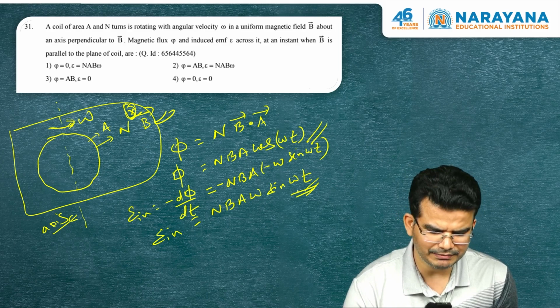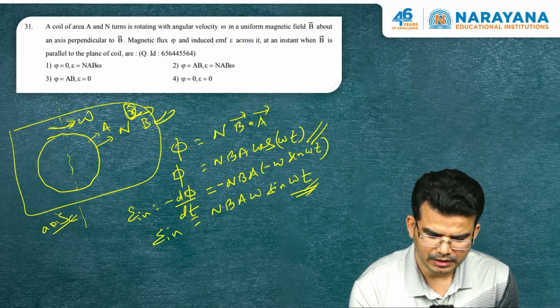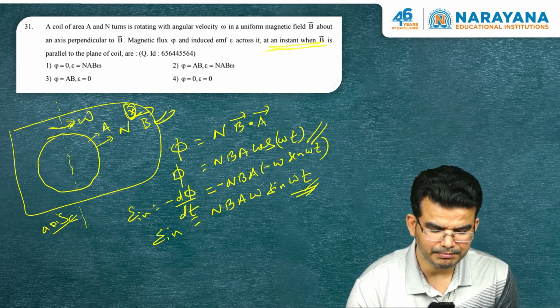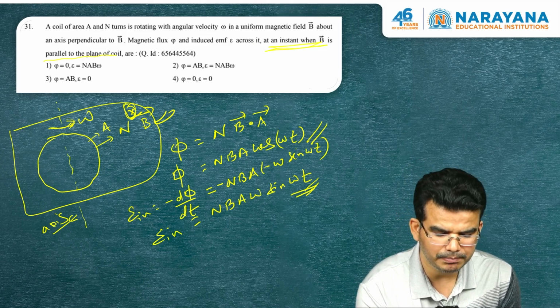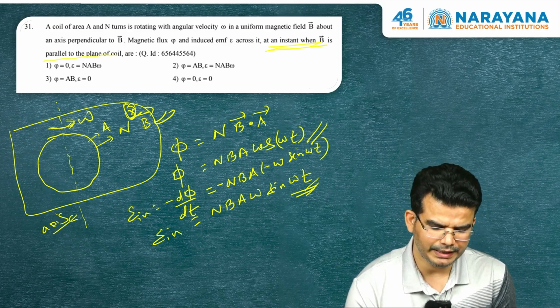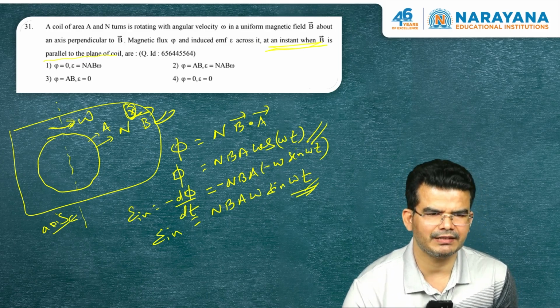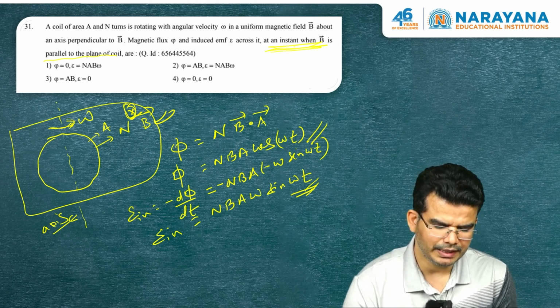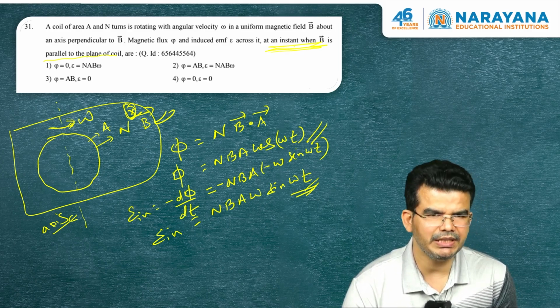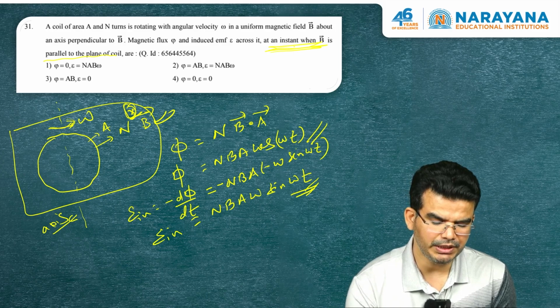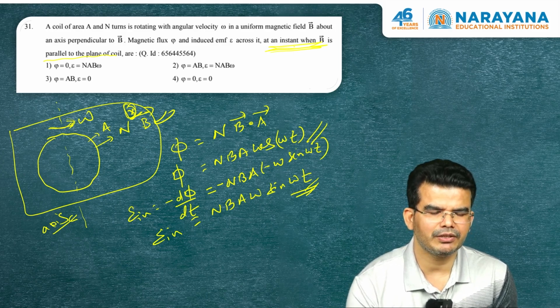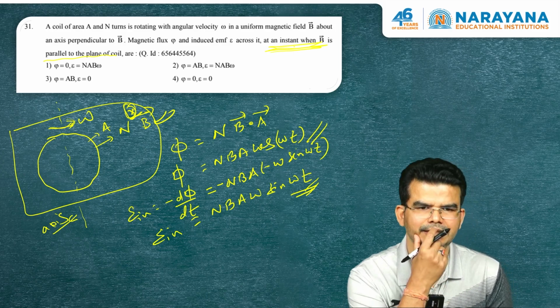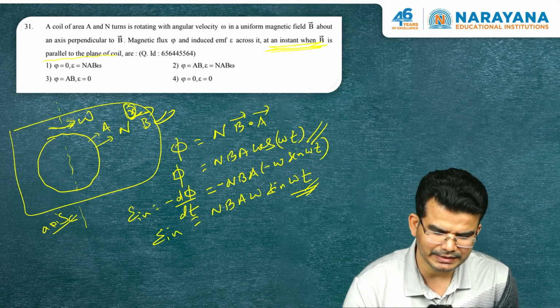Now, at what time are they asking? They ask at an instant when B is parallel to the plane of the coil. In the diagram which I have shown, is B in the plane right now? No, B is inward, whereas the plane of the loop is, so right now theta is 0 degree. Are they asking at theta equal to 0 degree?